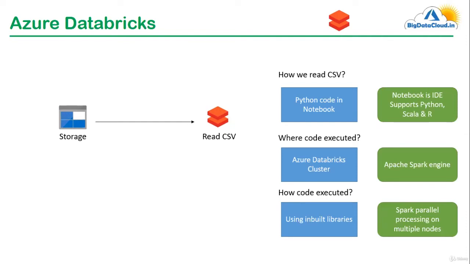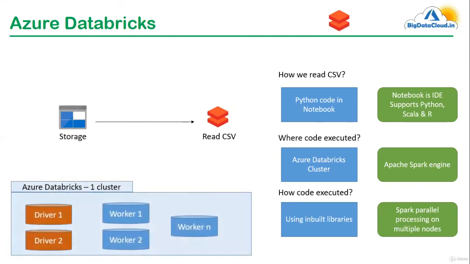So behind the scenes, what it does is parallel processing. It reads and processes data using multiple nodes. So it takes the help of multiple machines. Data gets distributed on those multiple machines. It reads the data using those different machines and then collects the output.